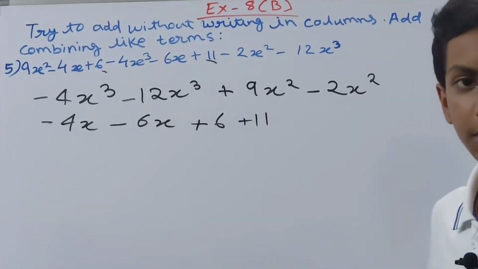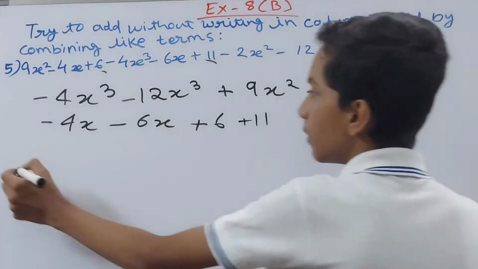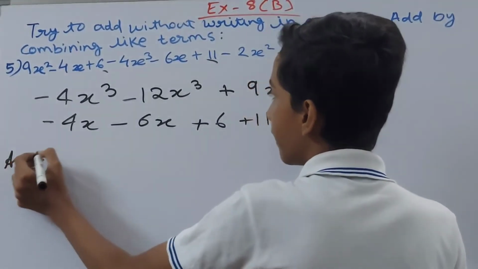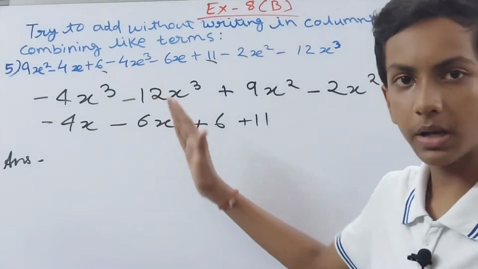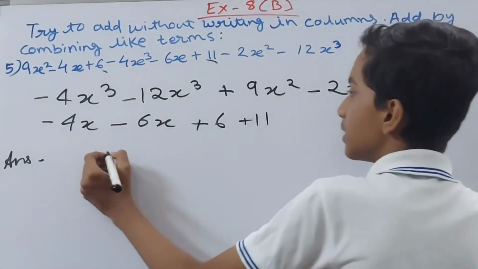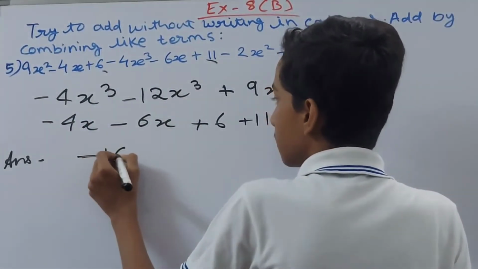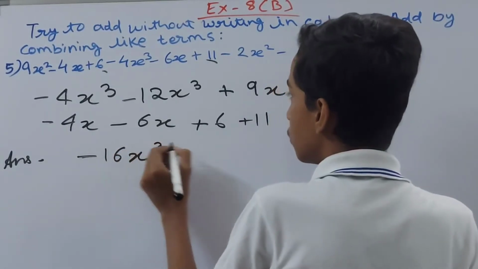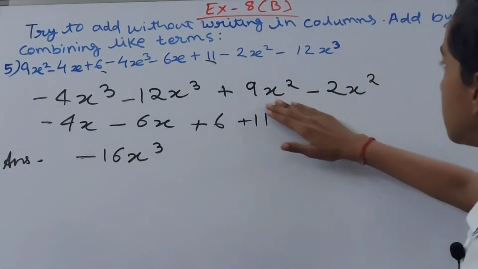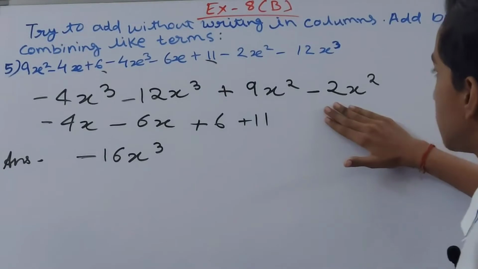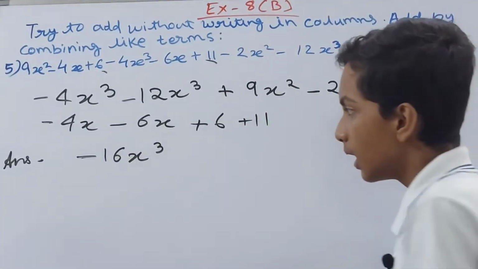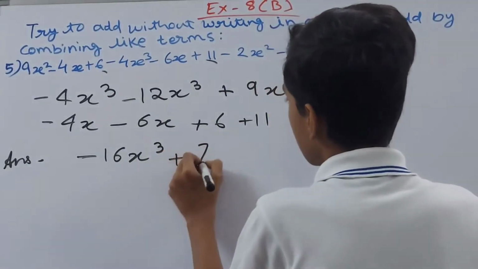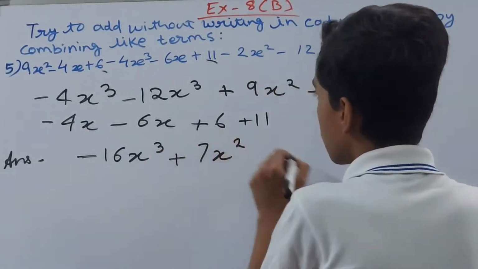Now we will solve this. In the answers column, minus 4x cube minus 12x cube, so minus 4 and minus 12 will be minus 16x cube. Then plus 9x square and minus 2x square, so plus 9 minus 2 will be plus 7x square.